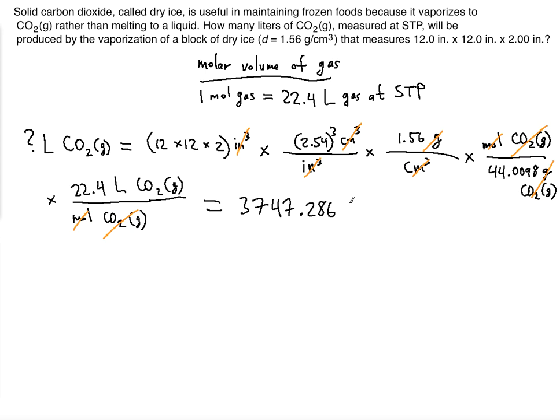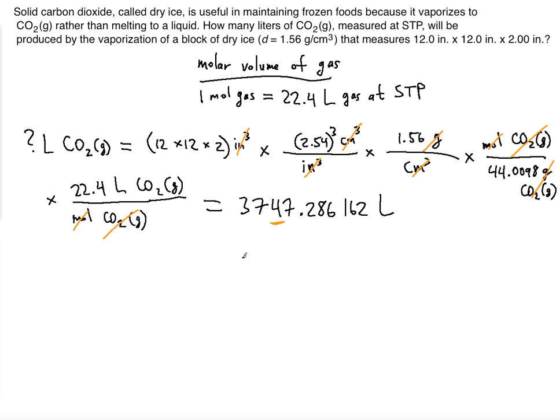47.286162 liters. And here's the trick. You have to use three significant figures, because all the numbers are given in three significant figures here. But there's four numbers here, so that means you will have to round to this number because that's the third significant figure. So the 7 will push the 4 into a 5.